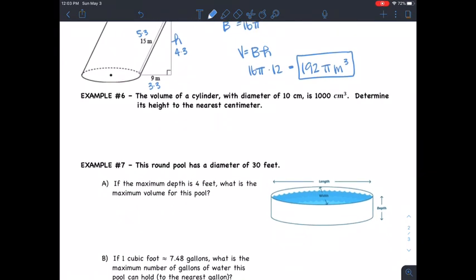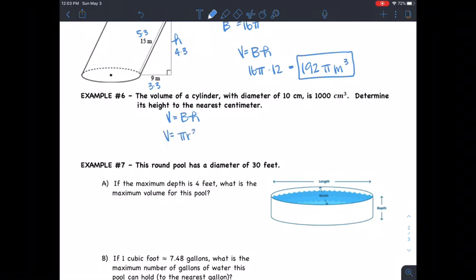The volume of a cylinder with a diameter of 10 is 1,000 centimeters cubed. Determine its height to the nearest centimeter. So pi is going to be built in here, which means that we're going to have to take it back out. If our volume is area of the base times the height between the bases, I'm going to go ahead and expand this out.